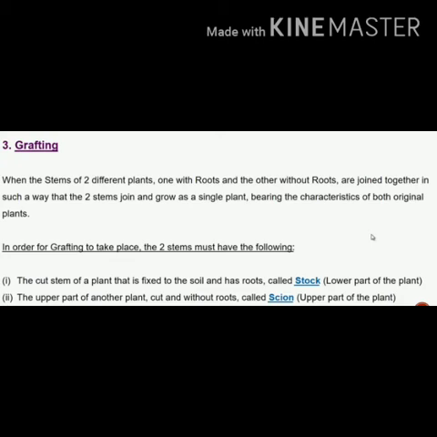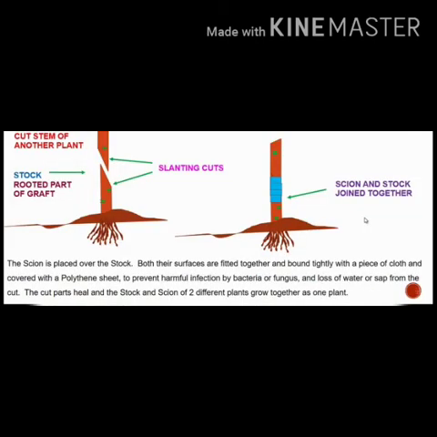Now the scion is placed over the stock, and both the surfaces are fitted together and bound tightly with a piece of cloth and covered with a polythene sheet to prevent harmful infections by bacteria or fungus, and loss of water or sap from the cut, so that no loss of water takes place, right?